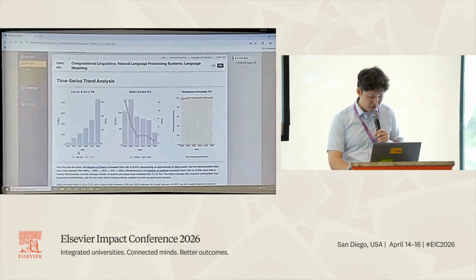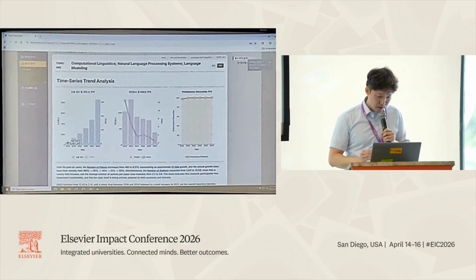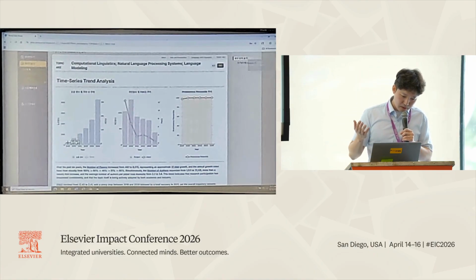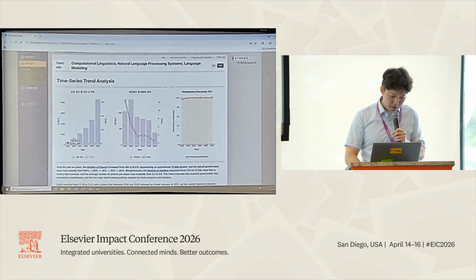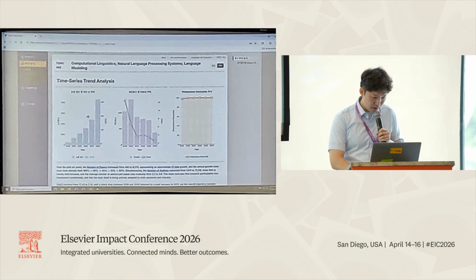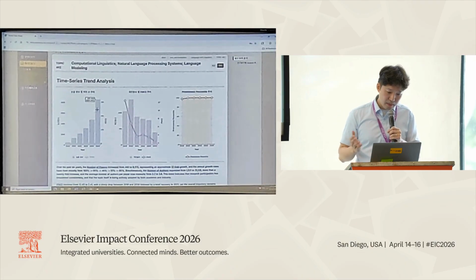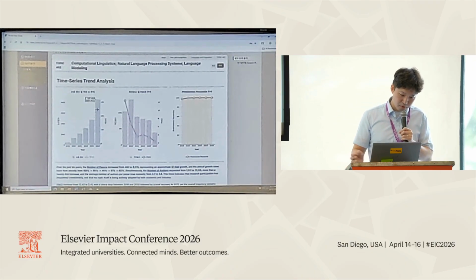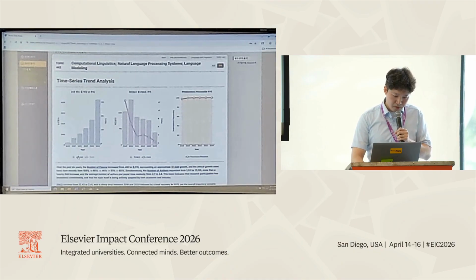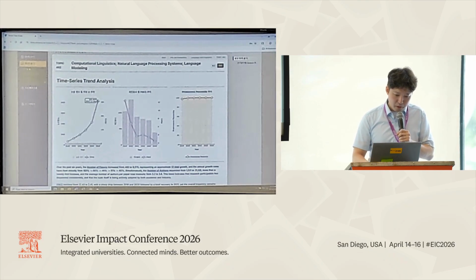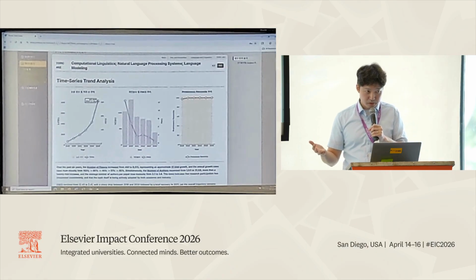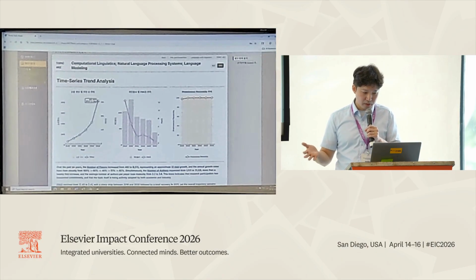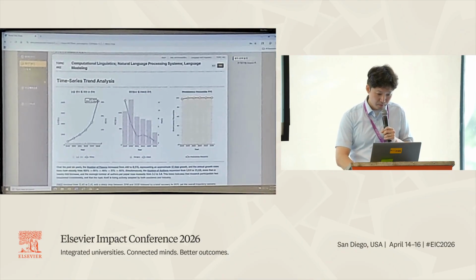So in terms of volume, publication has skyrocketed from 480 in 2019 to 8,500 in 2024. And the number of authors also surged from 1,500 to 31,000 in 2024. So both metrics have seen a nearly 20-fold increase.